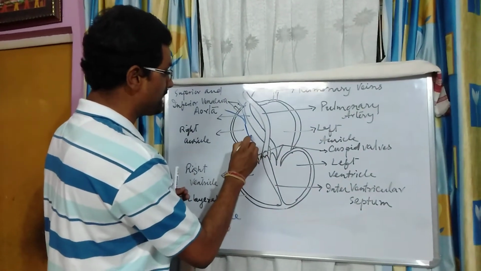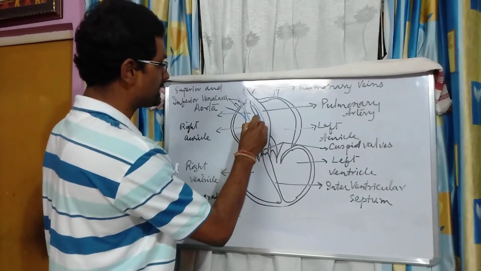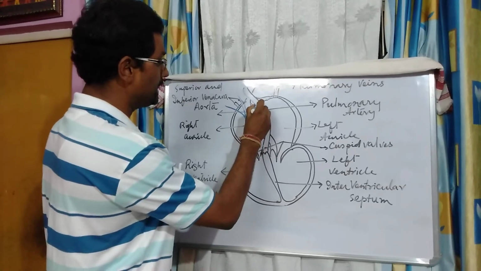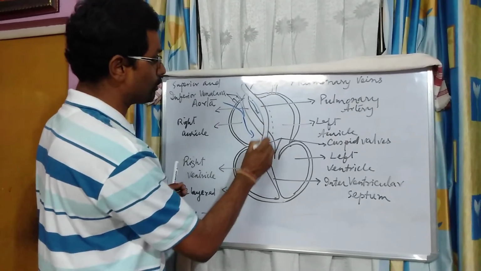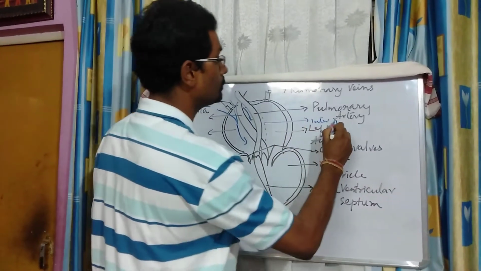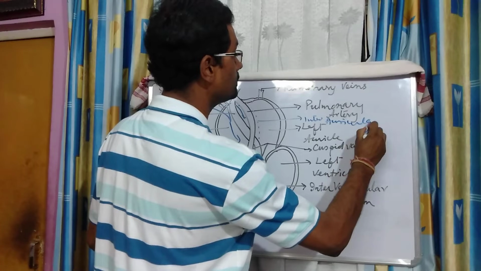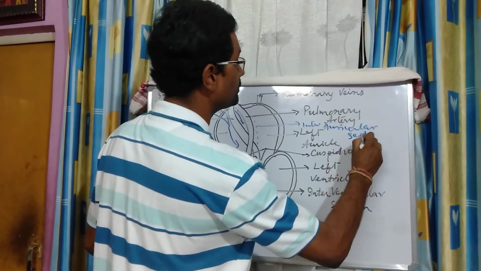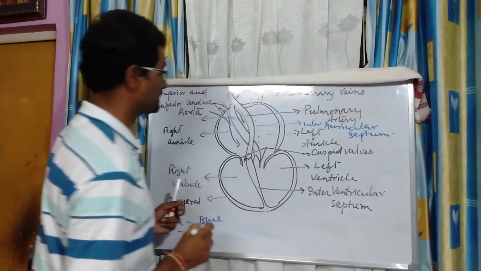Okay? So where does it enter? It enters the right auricle. Here in between there is another thing, that is the interauricular septum, writing it in blue so that you can understand.